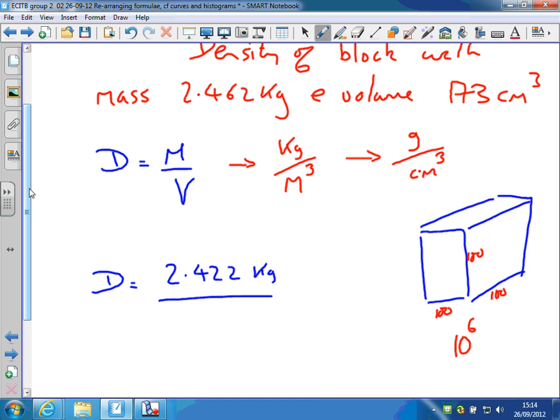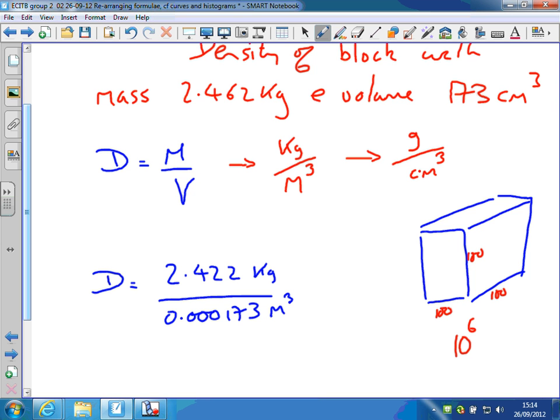Let's just look at this for a sec. 173 divided by a million, move the point back 6 places. So 0.30173. And now that's in cubic meters.